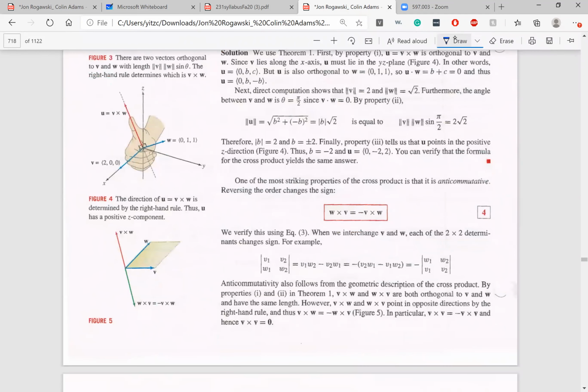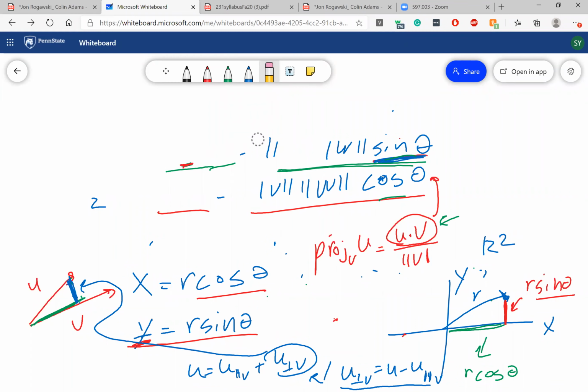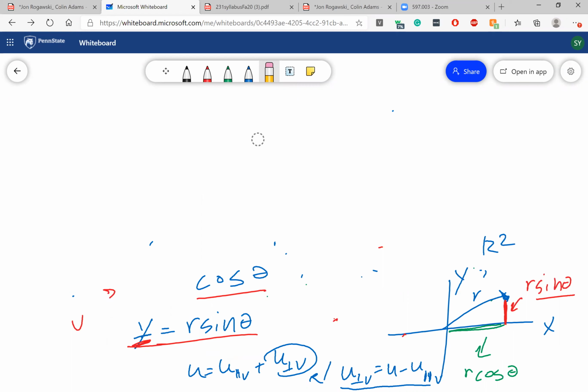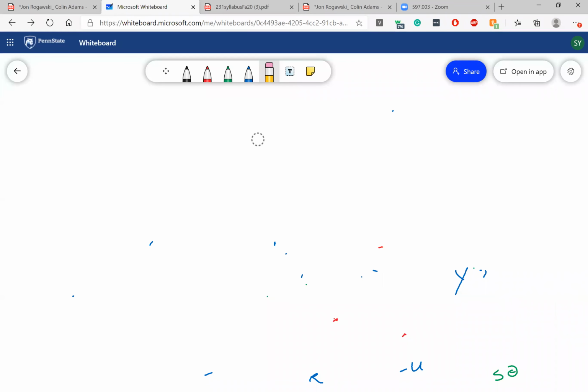An interesting equation that we get out of what we just talked about is that W cross V is equal to negative V cross W, and we can see why this is for two reasons. One of them is geometric, and one of them uses the equation that we just talked about. The geometric interpretation is fairly easy.